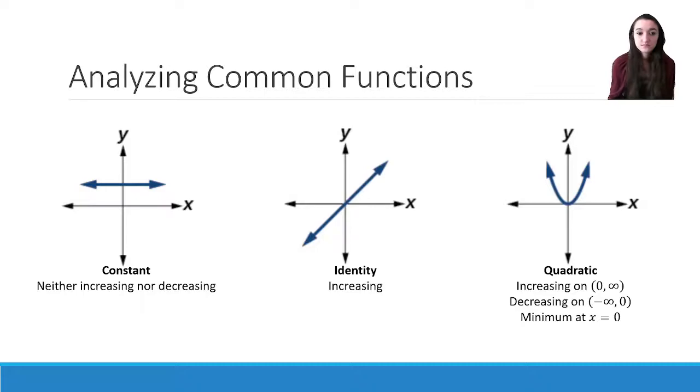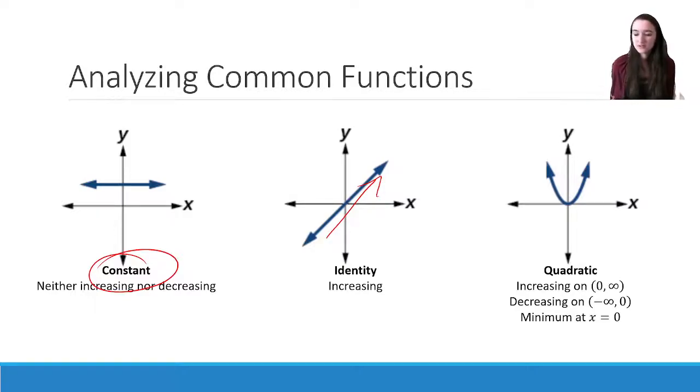So here, we have the constant function, which is neither increasing nor decreasing at all. So it is, in fact, constant. You can probably guess that by the name. The identity function is always increasing. It just keeps going up, so no matter what, it's got the same slope the whole time. That's how linear functions work.